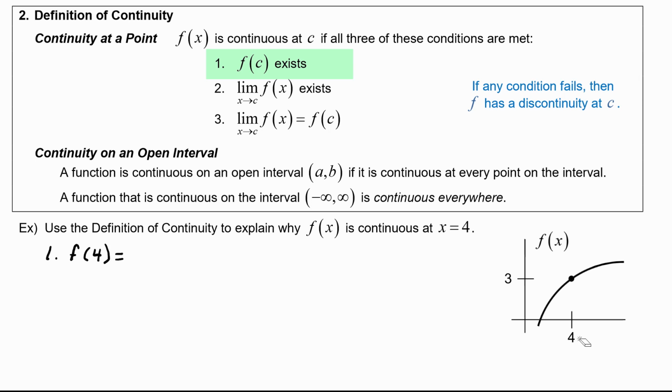And coming over to the graph at x equals 4, we see that it outputs a value of 3. So that means that f of 4 exists. It didn't work out to be a DNE. So we've satisfied step 1. For step 2, we have to look at the limit as x approaches 4 of f of x.